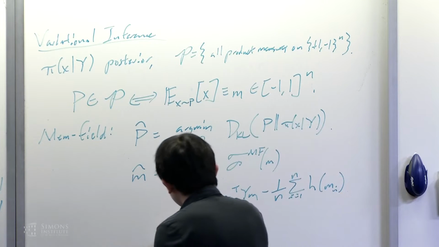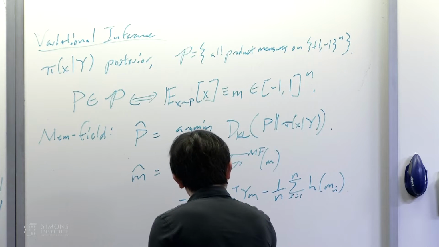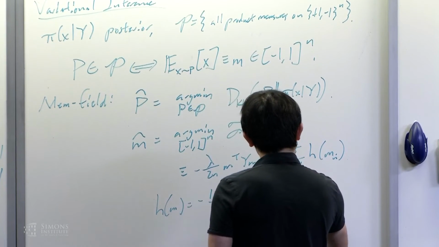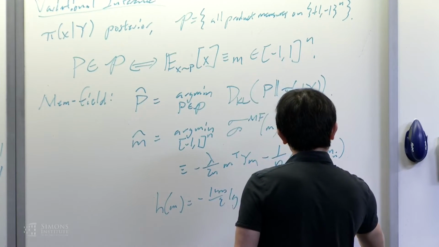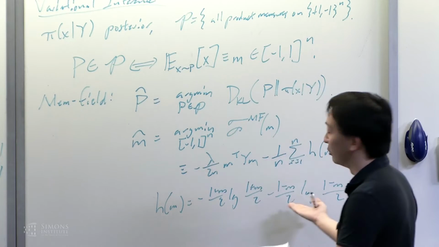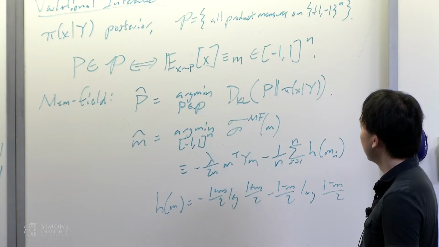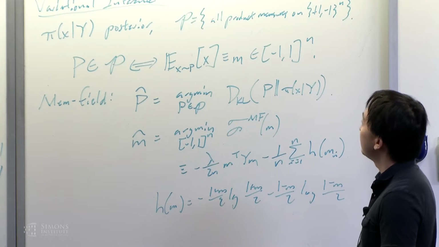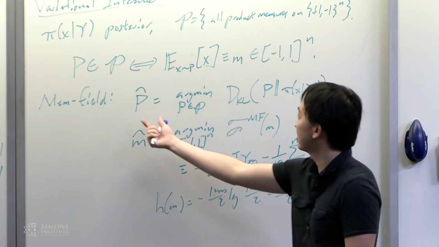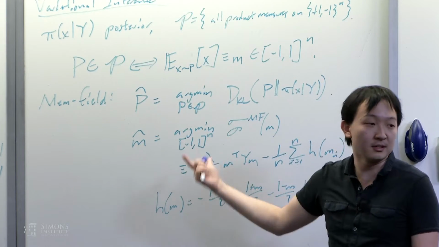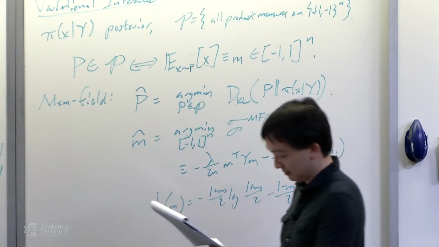H here is the binary entropy function, so h of m is minus (1 plus m)/2 times log (1 plus m)/2, minus (1 minus m)/2 times log (1 minus m)/2. It is just the entropy of a Bernoulli random variable, plus 1 minus 1 with mean m. And so the mean field approach is I want to find this distribution p, or equivalently this parameter vector m, that minimizes this objective.